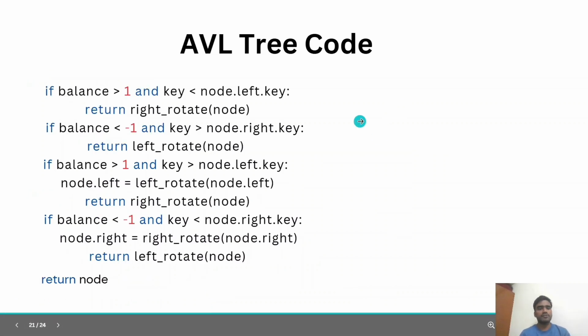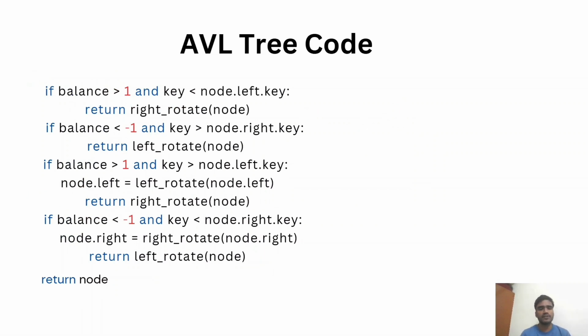And here is the main part to decide whether LL balancing will be needed, or another type of balancing. If the balance is greater than 1, that means the left part was more skewed. So there was a need for right rotation, and it will do the right rotation. In the next part, when the balance is less than -1, the tree is right skewed and it will do left rotation.